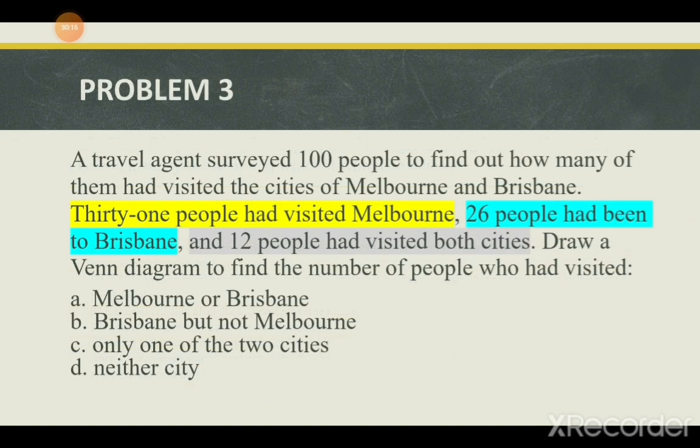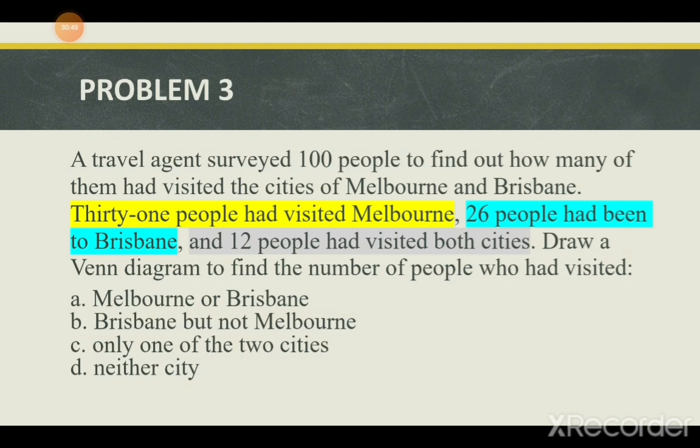Next. Okay, mathematics na tayo. Sa mathematical term na tayo. So, a travel agent surveyed 100 people to find out how many of them had visited the cities Melbourne and Brisbane. Okay?